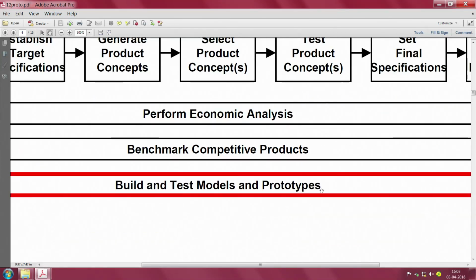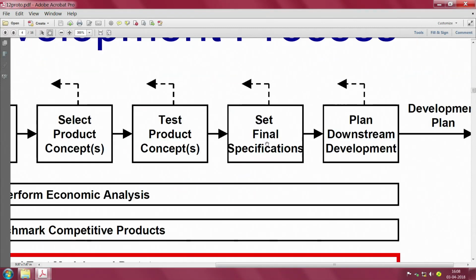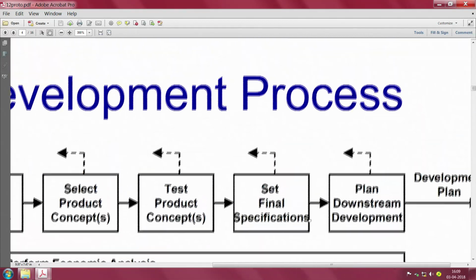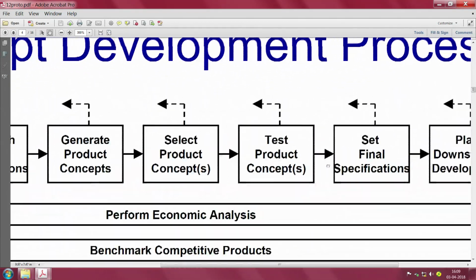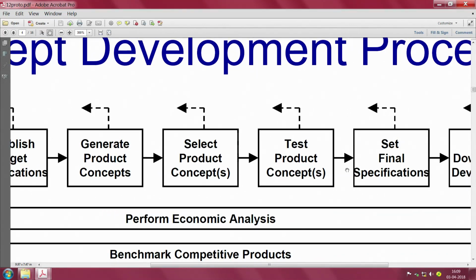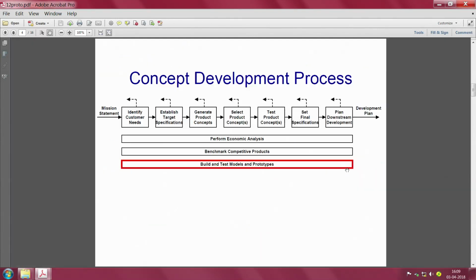Models and prototypes. And this is even before setting the final specs. Then after that, further down we get development plans and all that stuff. So, the reality is we need to make prototypes. Only when you make a prototype will you know what next will happen and what to do.